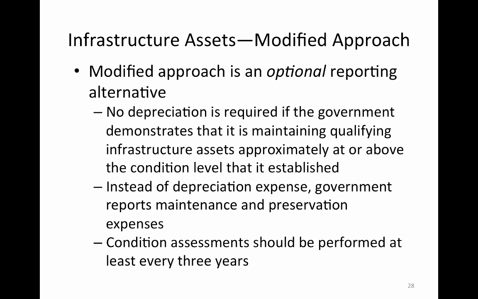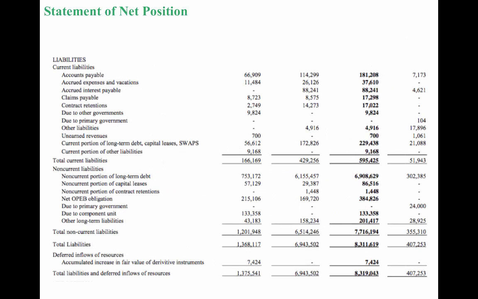And so sometimes you will see some or all of their infrastructure reported as non-depreciated capital assets, similar to land, which is also not depreciated, and construction in progress. All other capital assets are depreciated.